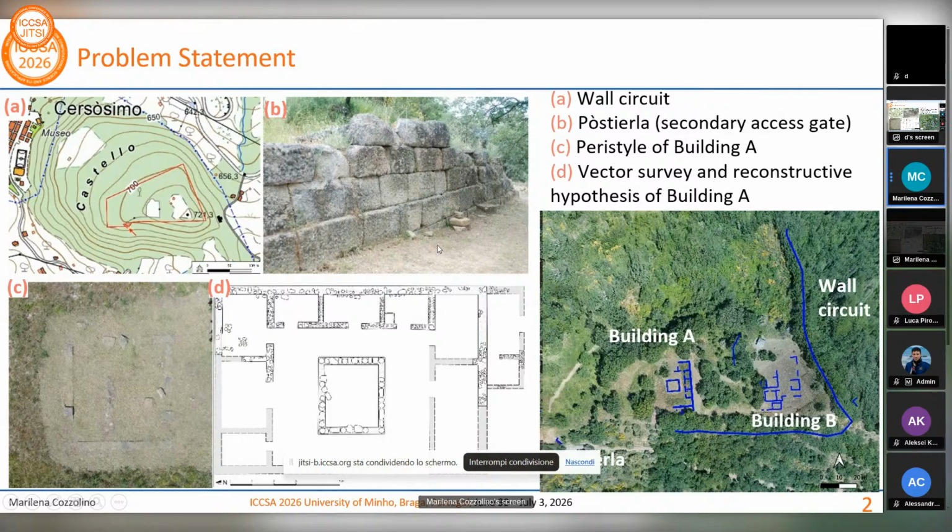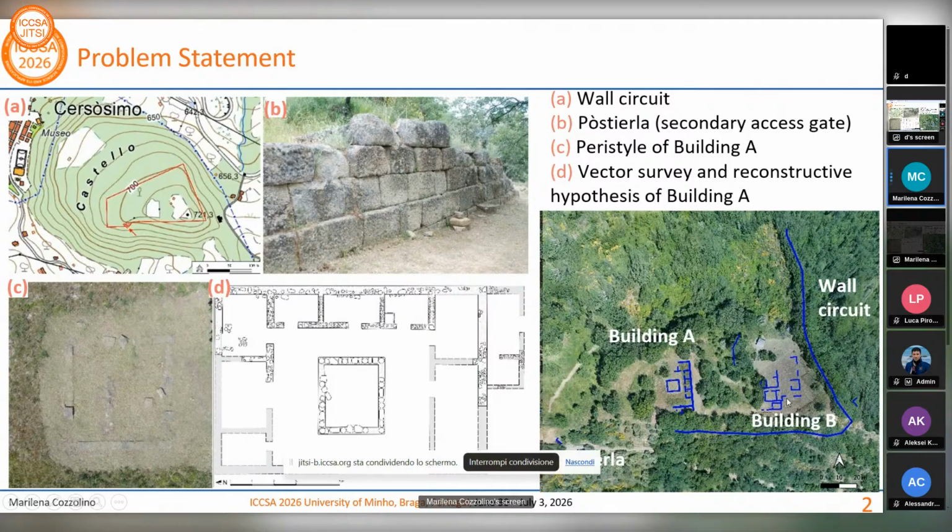Further excavation revealed, in two points of the city, two main buildings named A and B. Building A is supposed to date to the 3rd century before Christ, and it should be a residential building with a peristyle in the center and small rooms around it, and it was partially excavated.